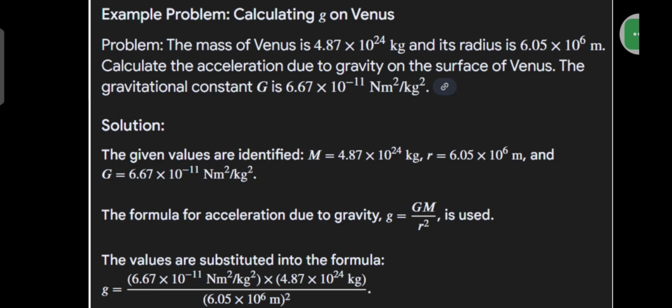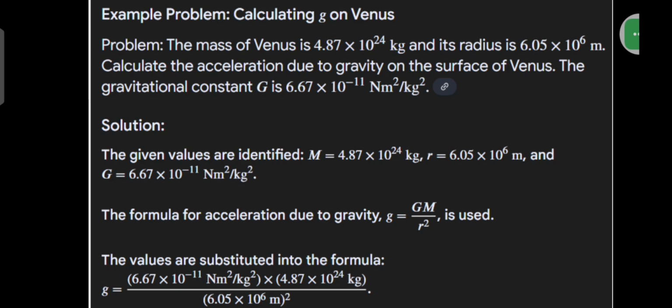The given values are identified. M is equal to 4.87 times 10 raised to the power of 24 kilograms, and our radius is 6.05 times 10 raised to the power of 6 meters. And G is equal to 6.67 times 10 raised to the power of negative 11 N·m squared over kilogram squared.